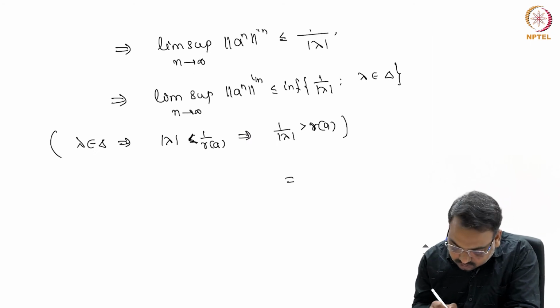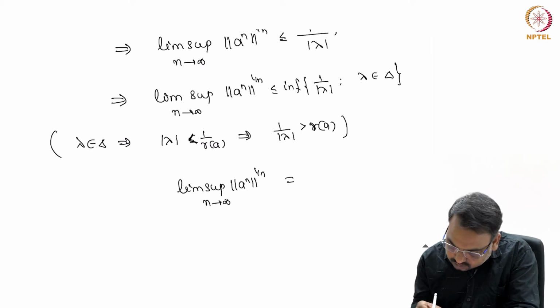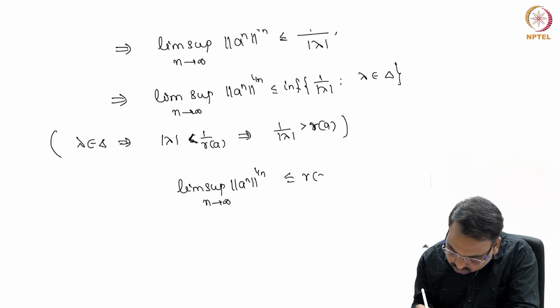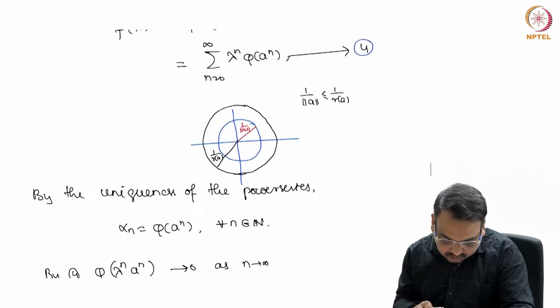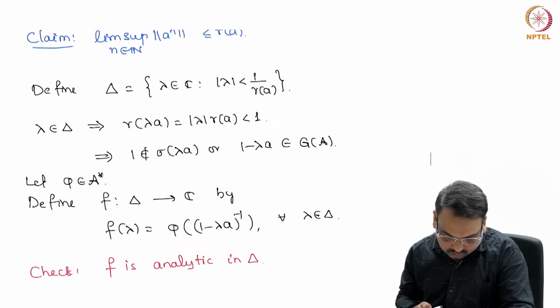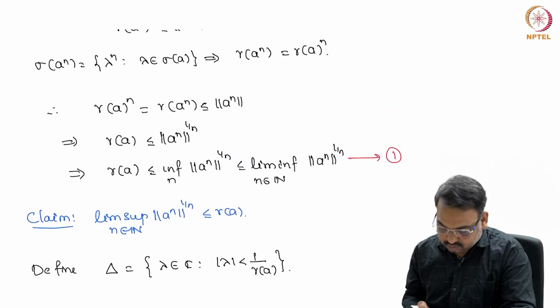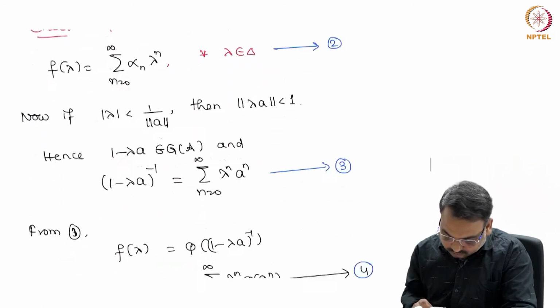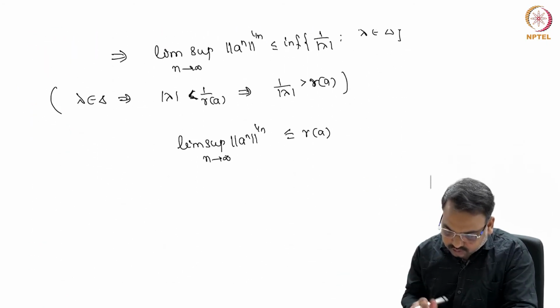So lim sup of norm A^n whole power 1 by n is less than or equal to Ra. Now earlier we have shown that Ra is less than or equal to lim inf of norm A^n to the 1 by n. So this is inequality 5.